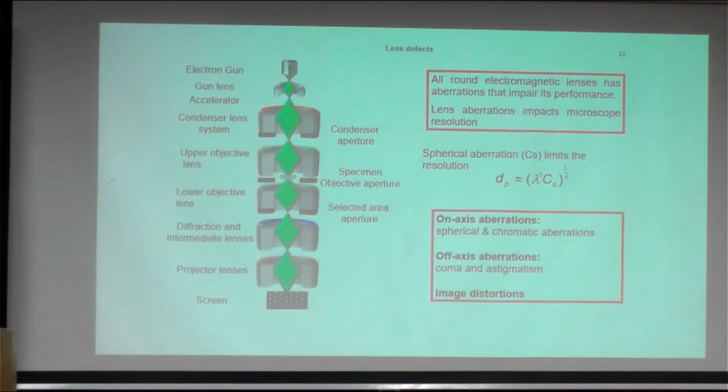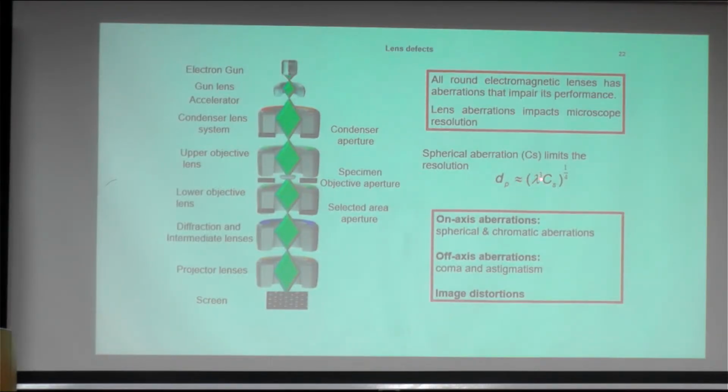So now let us look at the defects of the lens. They are not perfect, and then they have defects. They are called aberrations that affect their performance. The resolution of an electron microscope, we can just approximate, is defined in a very simple case.